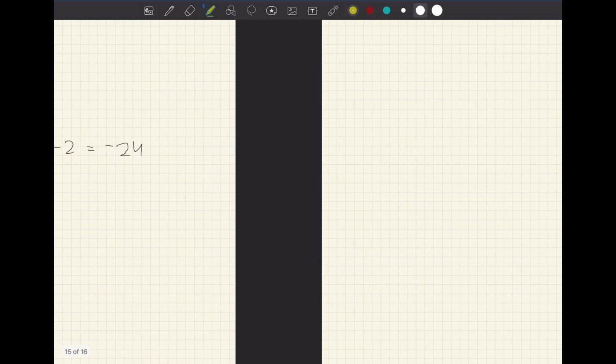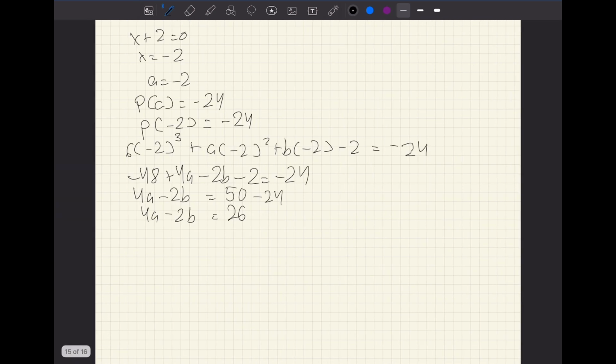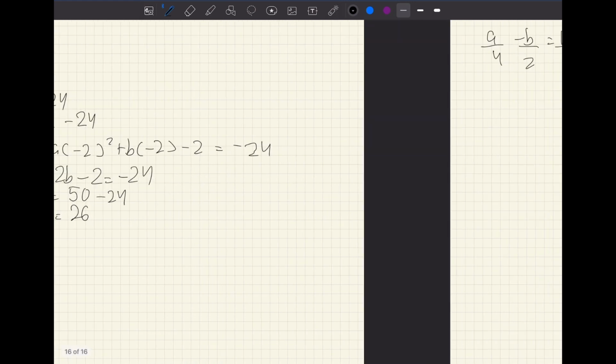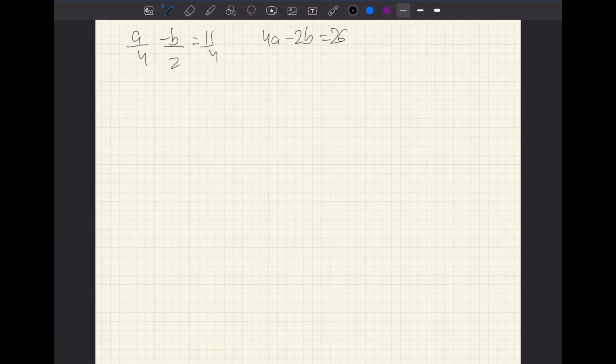Okay. So we have two equations. A by 4 minus b by 2 equals 11 by 4, and we also have 4a minus 2b is equal to 26. Okay, let's find the value of a and plug it into the other equation. That's the whole process. So a by 4 is equal to 11 by 4 plus b by 2.